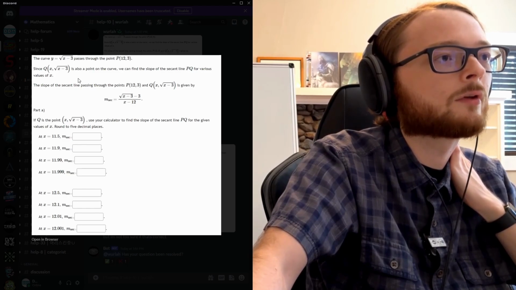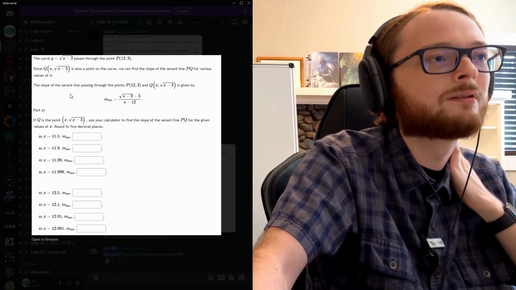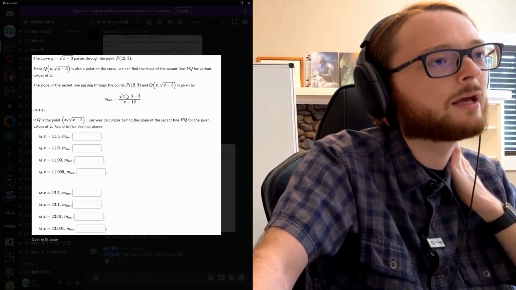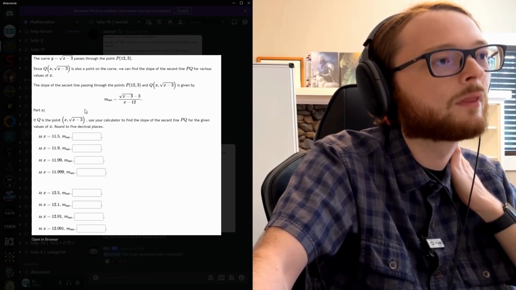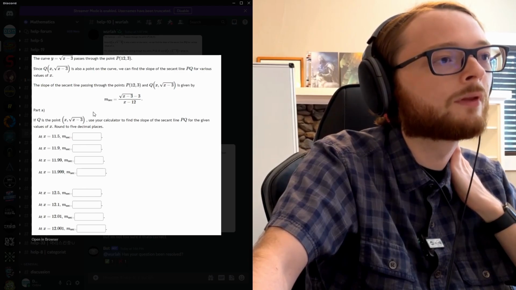Q of x comma square root x minus 3 is also a point on the curve. Okay, yeah, it's rise over run, basically, because they're talking about the slope.